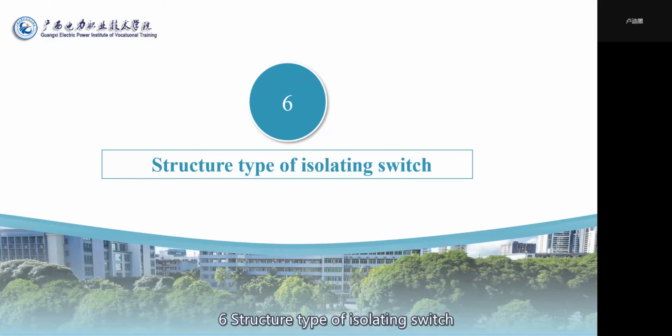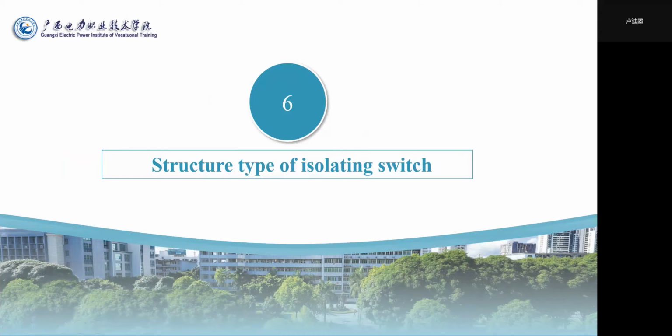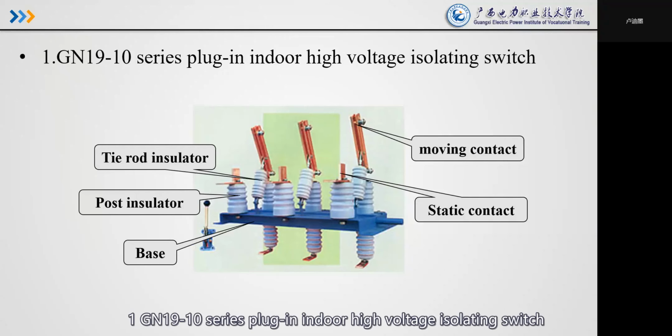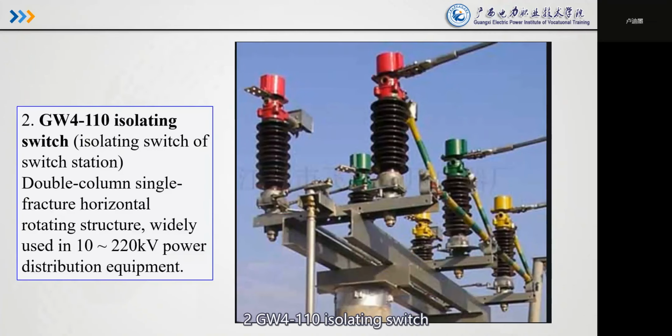6. Structure type of isolating switch. 1. GN19-10 series plug-in indoor high voltage isolating switch, including these parts: tie rod insulator, post insulator, base, moving contact, static contact. 2.